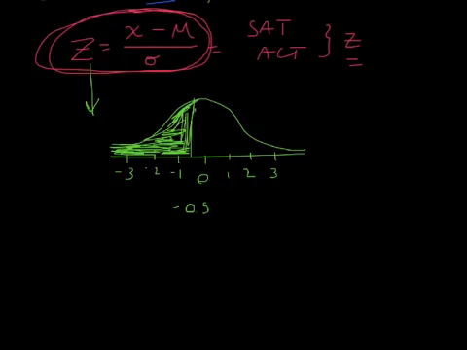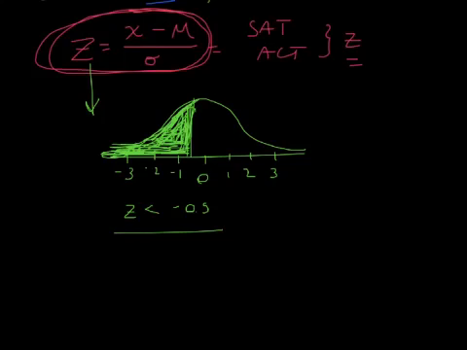You're doing the area under the curve. But if I want to know the probability of somebody's z-score being less than something else, then that's what the chart is going to tell you. It gives you a number, which basically gives you the area to the left of a certain z-score.